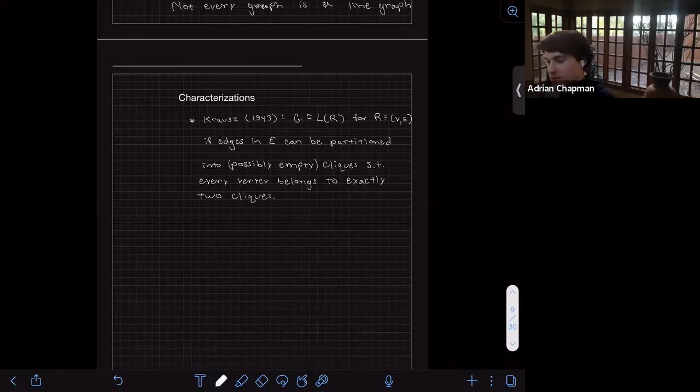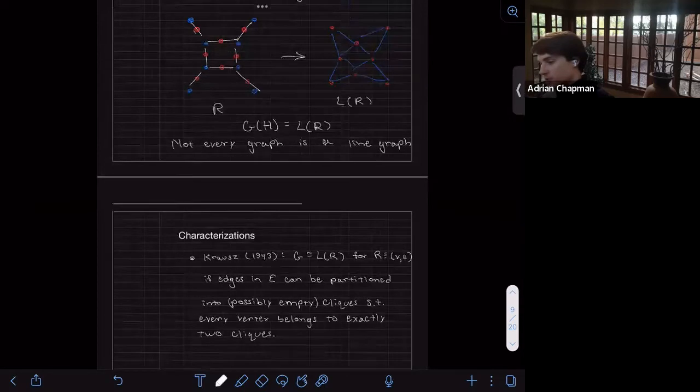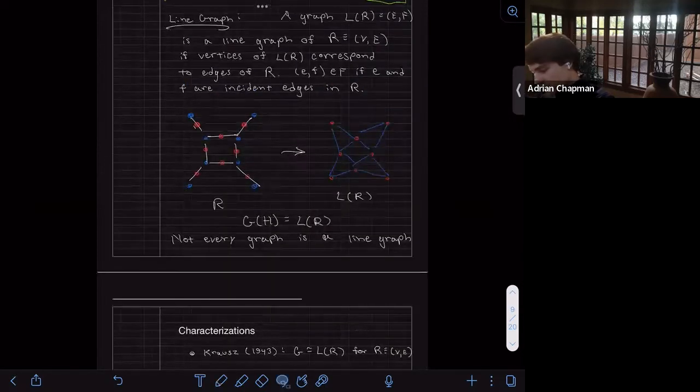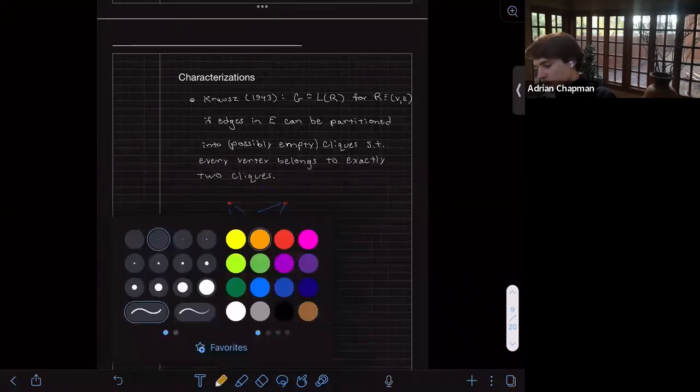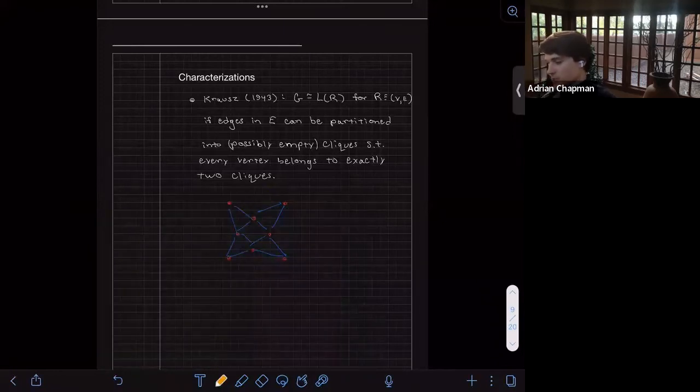Right. So let me pull down this figure. Oops, I want orange. What this means is that we can group the edges of this graph into complete subgraphs, or sets of edges which induce complete subgraphs.